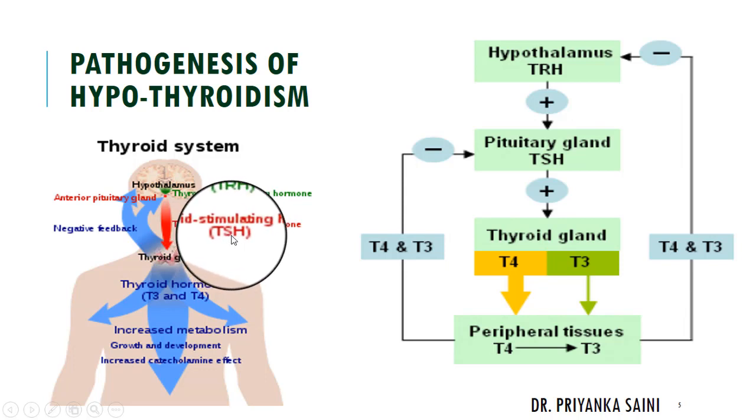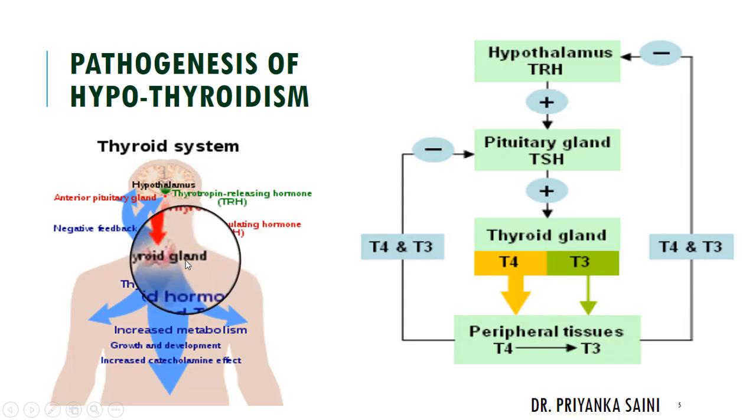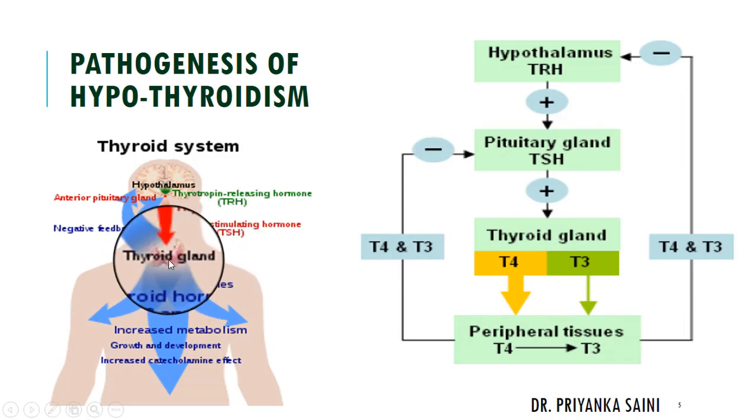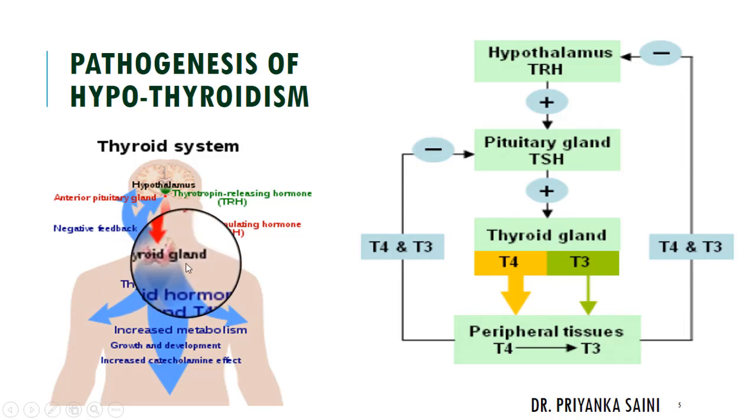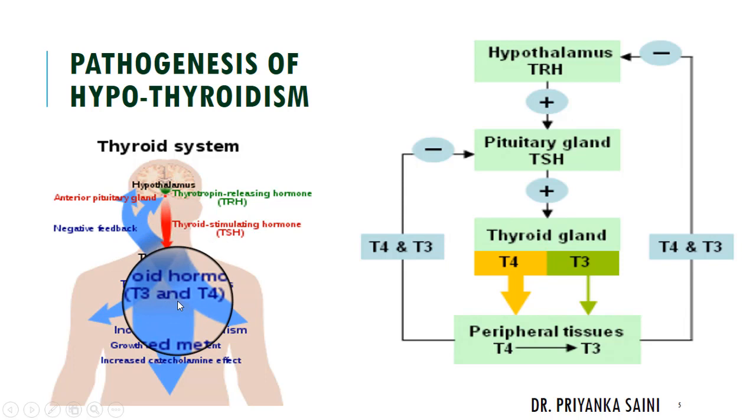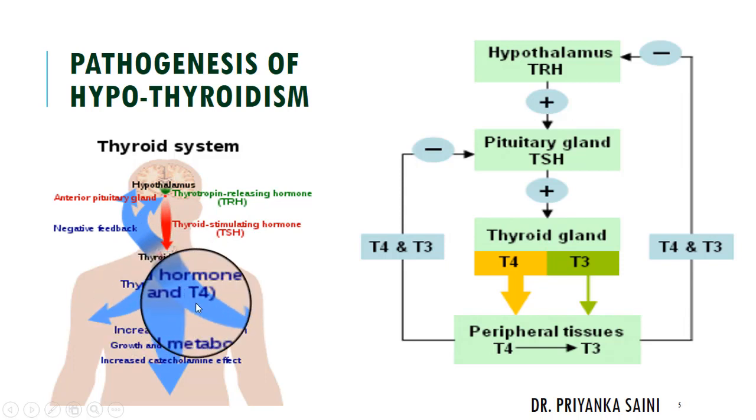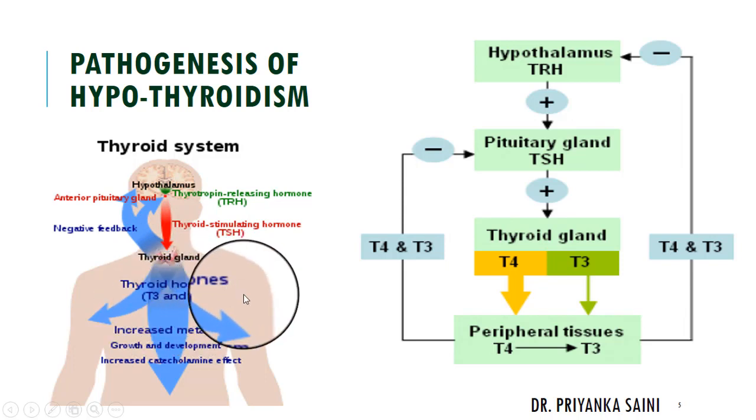This TSH then stimulates hypertrophy and hyperplasia of the thyroid gland and 5-deiodinase activity, thereby increasing T3 production. So this was all about the pathogenesis of hypothyroidism.